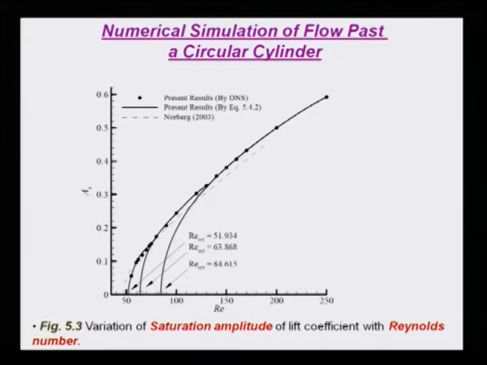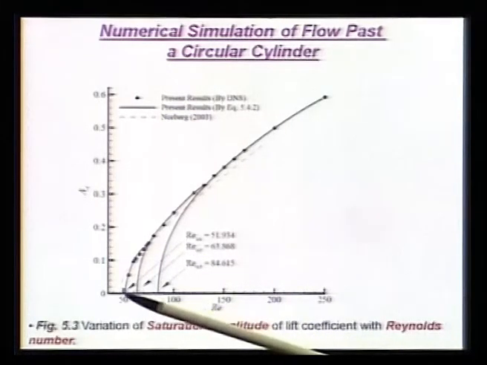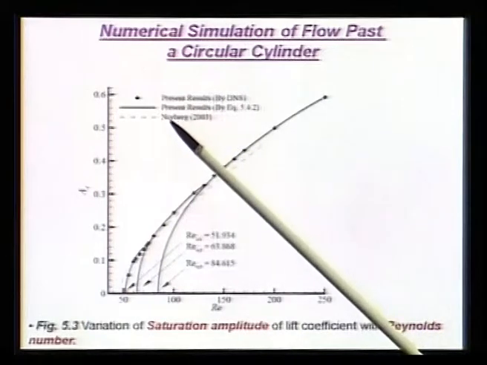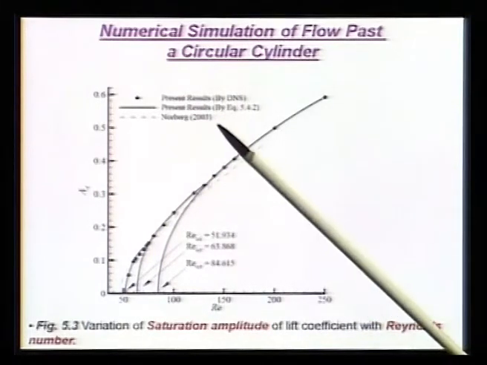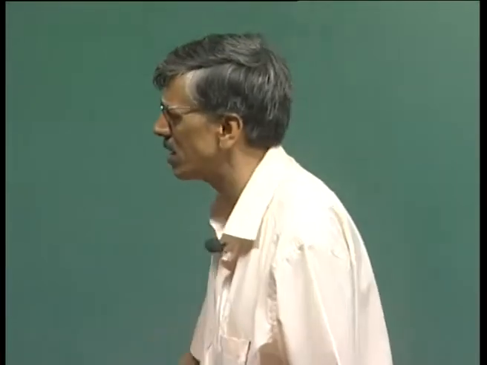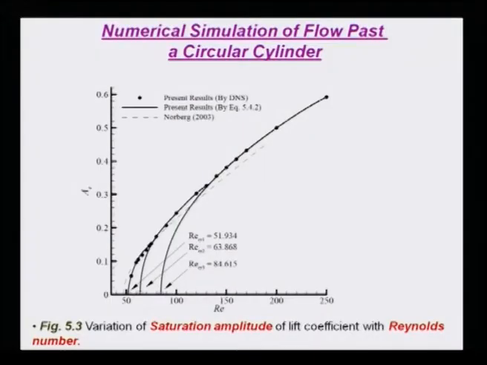We can get those 3 sets of values merging onto the 3 points of Hopf bifurcation, and in this we have also put in a correlation which was produced by Norberg. Norberg used a set of experimental results for his, I think, PhD thesis work in a wind tunnel, which was characterized by a turbulent intensity of about 0.06%.